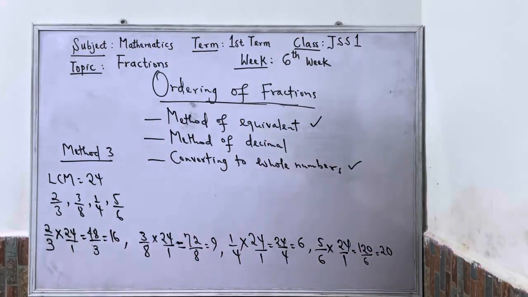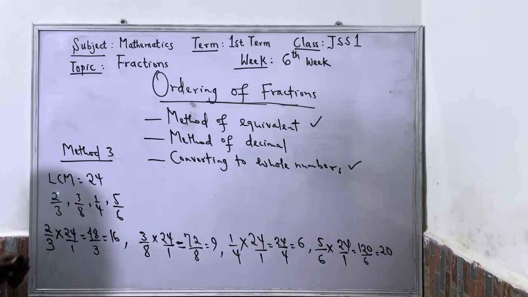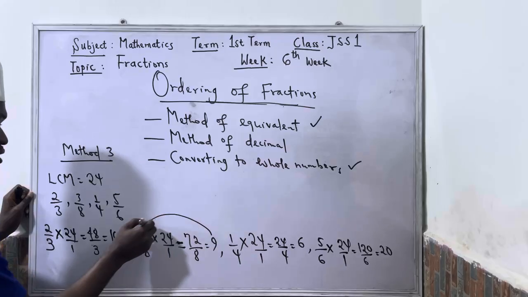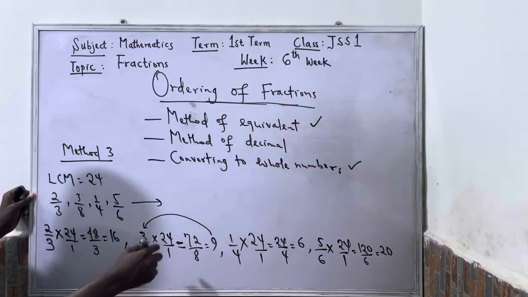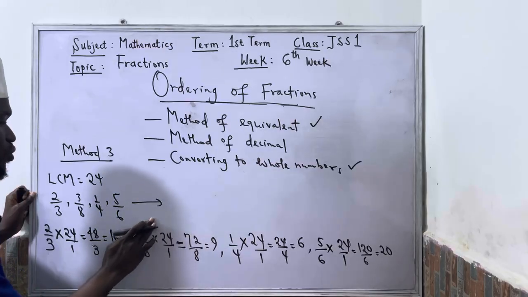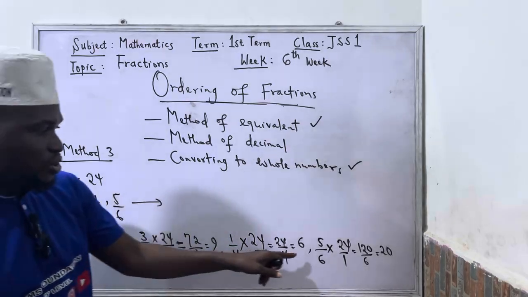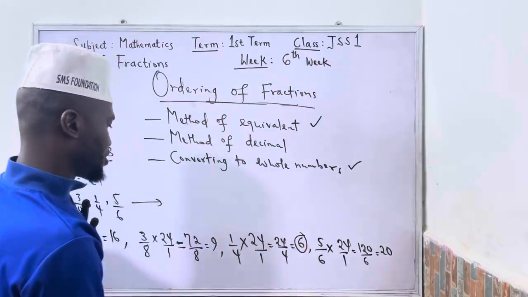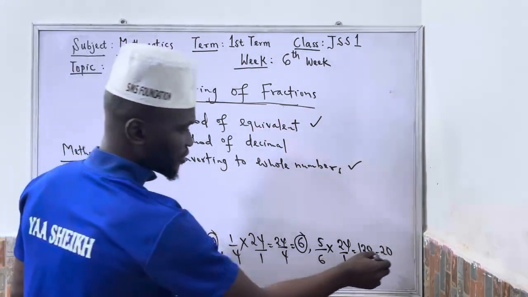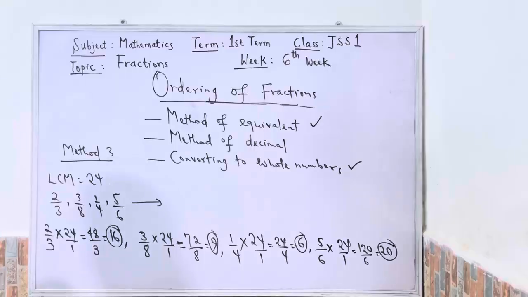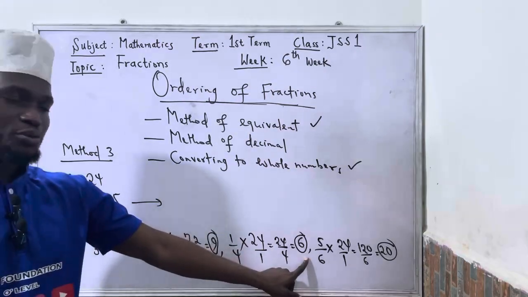Now, from what we have here, we have 6, we have 9, we have 16, and we have 20. So 6 has to be the smallest here.